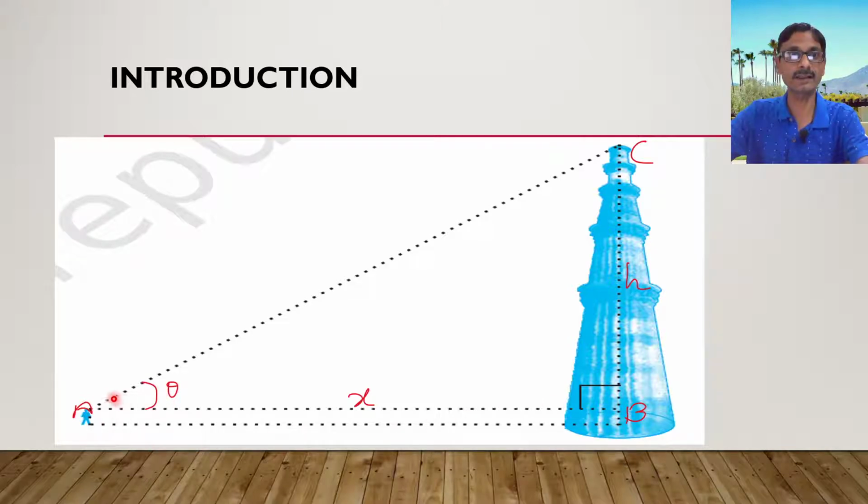With trigonometry, if a student finds AB, that is the distance of him or her from Qutub Minar, which is called x, and also this angle, which is known as angle of elevation, then by using trigonometric formula, it will be possible to find the height of the Qutub Minar.